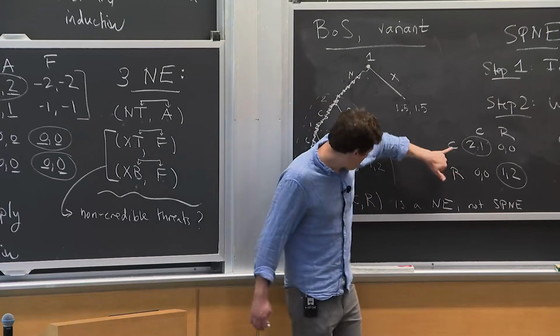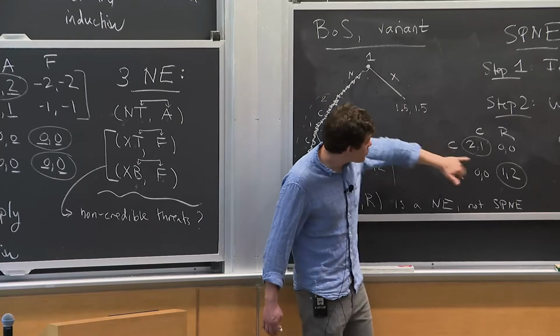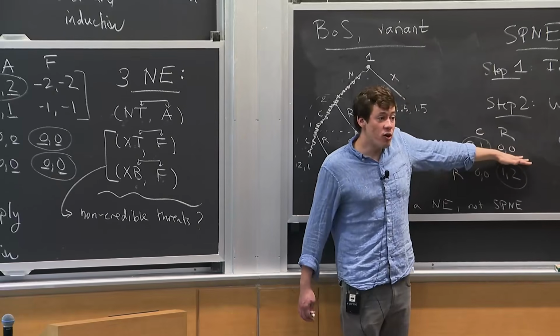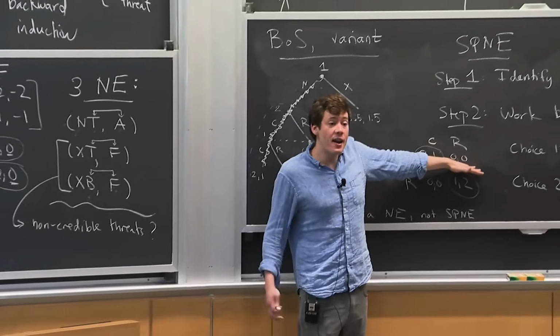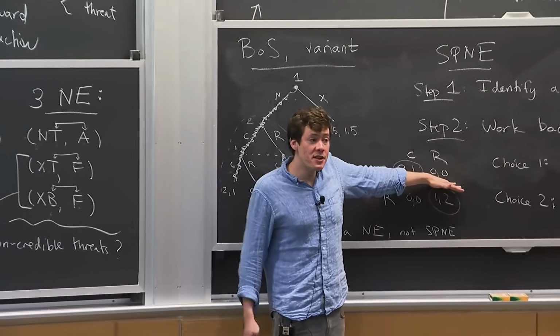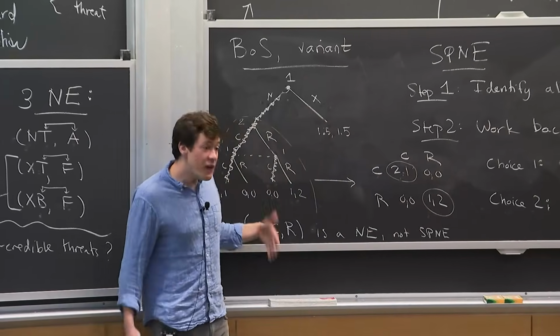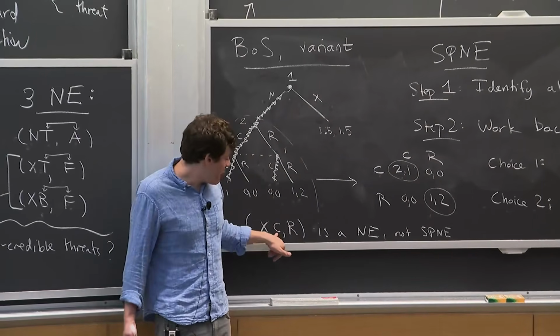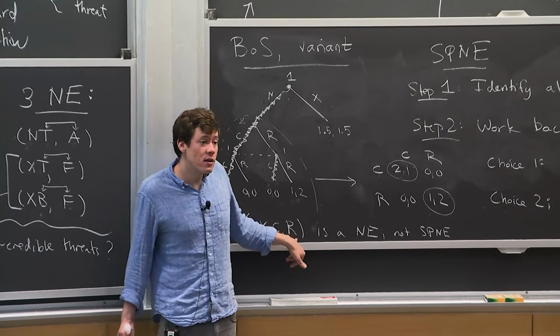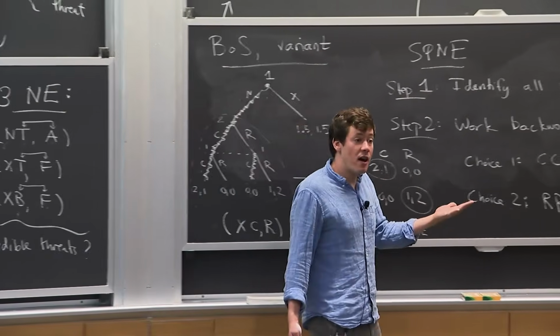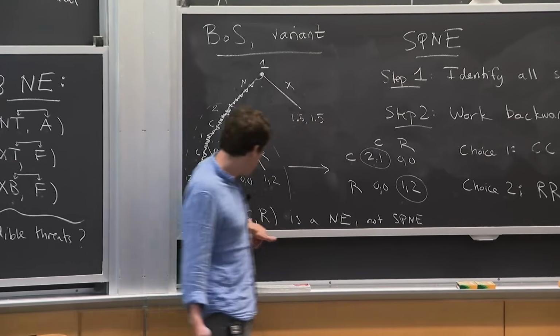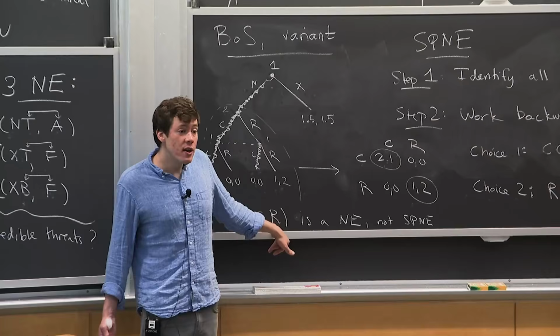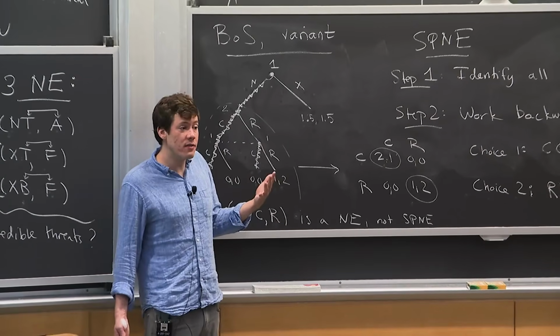And that means player 1 is playing C, player 2 is playing R, we're at 0, 0 over here. This is not a Nash equilibrium of the subgame. Because in this subgame, in fact, either player could deviate. If player 2 changes to R, they would get a higher payoff, because then player 1 would get 1. And similarly, player 2 could deviate to C, and they would get a higher payoff.